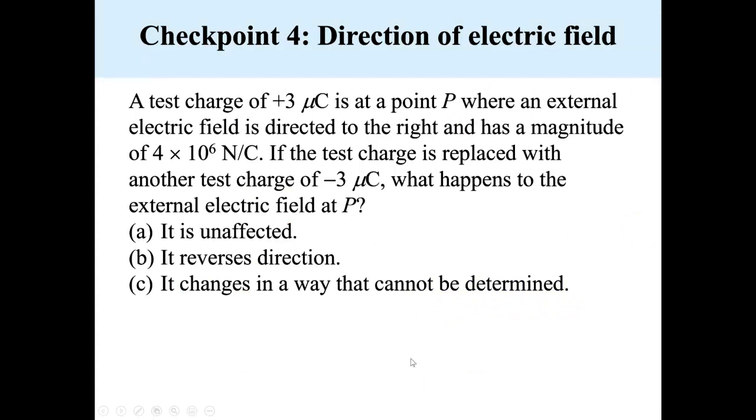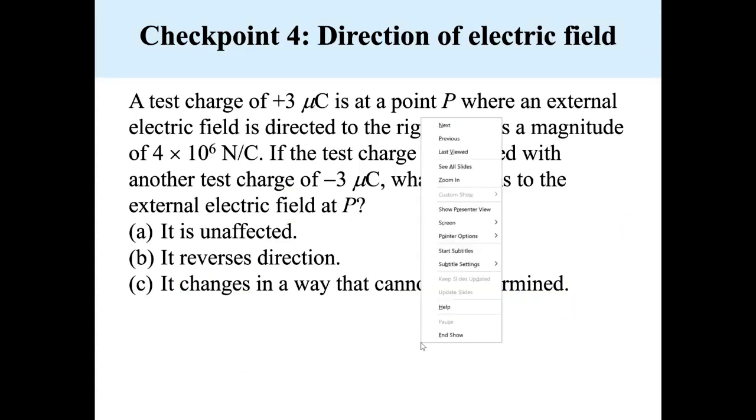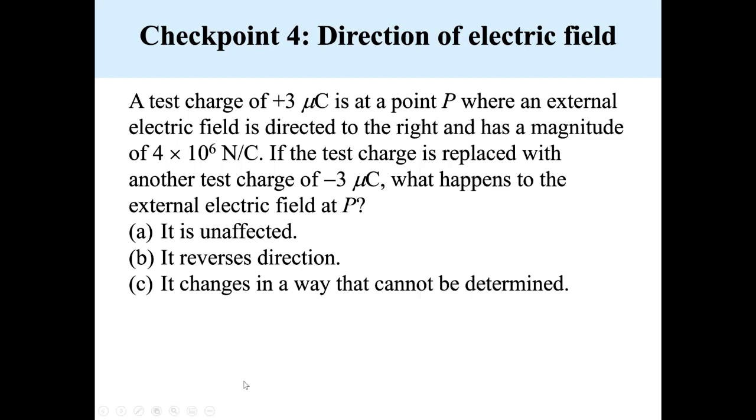All right, how about a show of hands. A test charge of 3 microcoulombs is at the point P, where an external electric field is directed to the right and has a given magnitude.